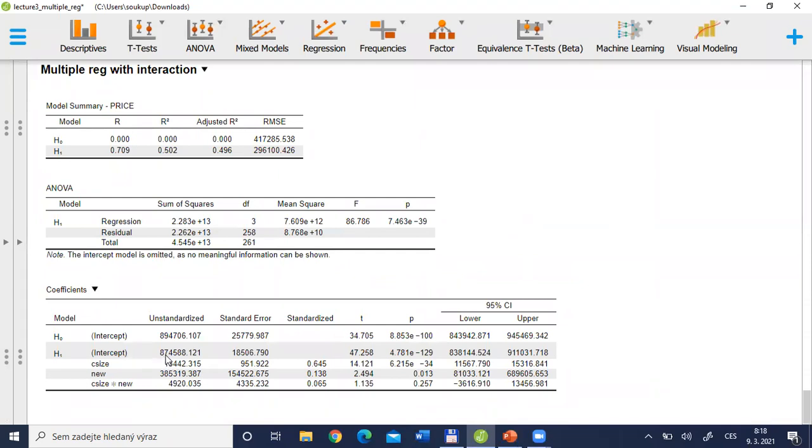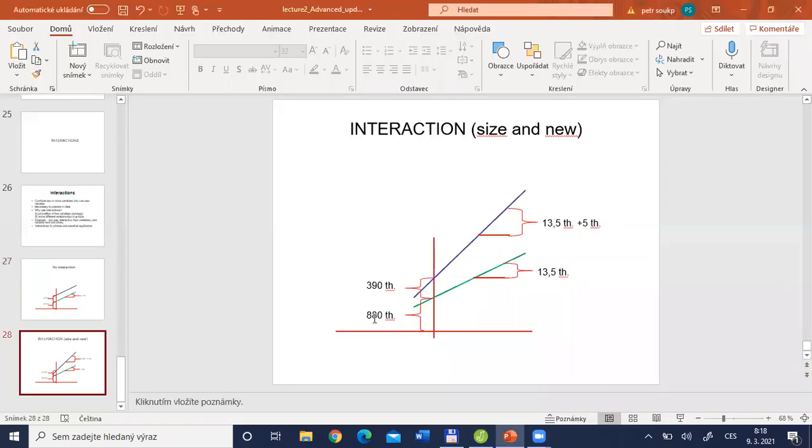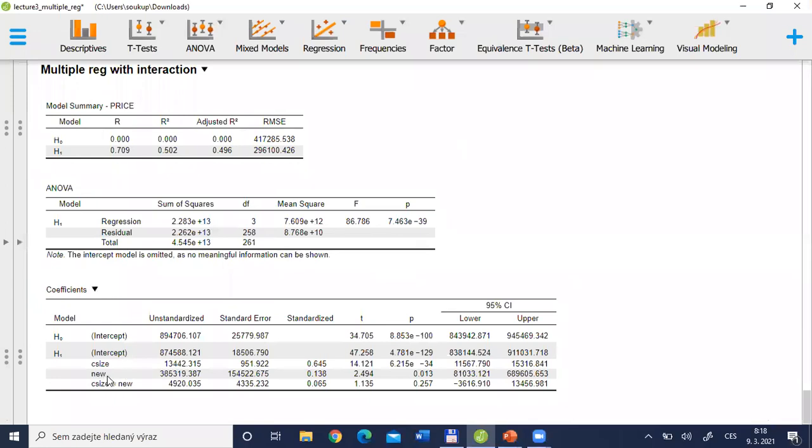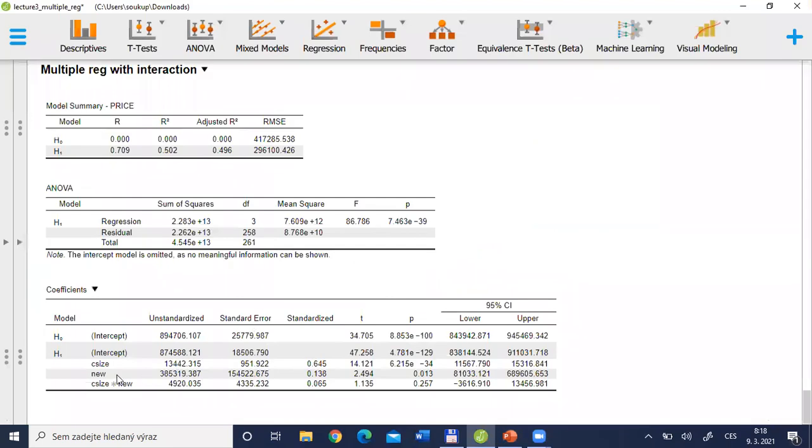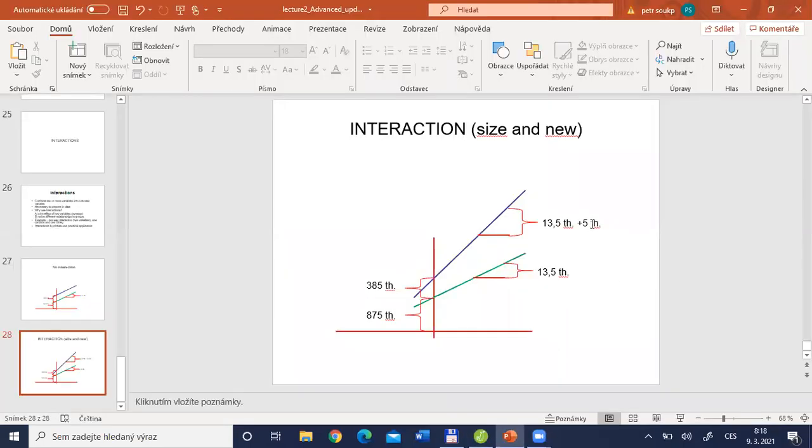So 875 approximately is the intercept. So here it is. Whether it is new or not, 385. So I would add 385 to be correct. Then C size approximately 13.5, so that's correct. And C size new plus 5,000, so it seems correct.